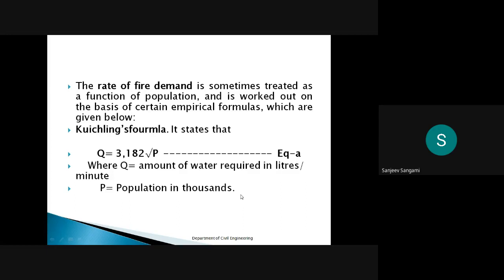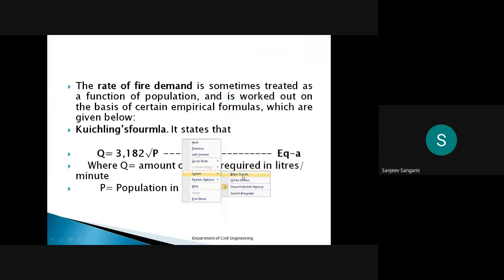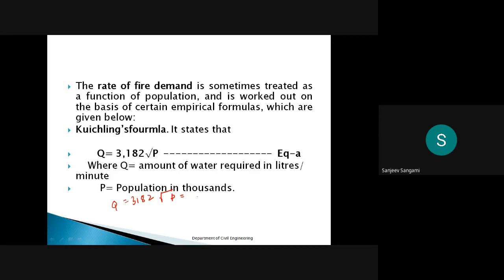This is given by Q is equal to 3182 root of P, where P is always in thousands.